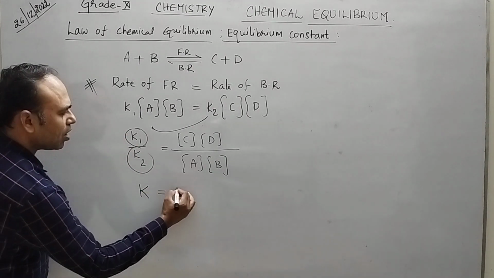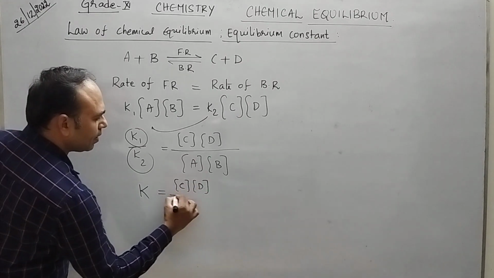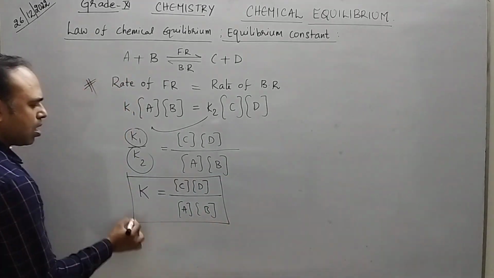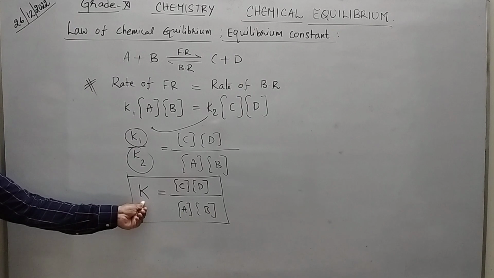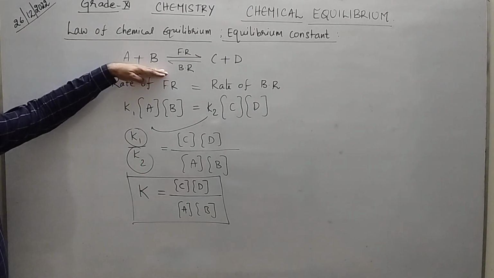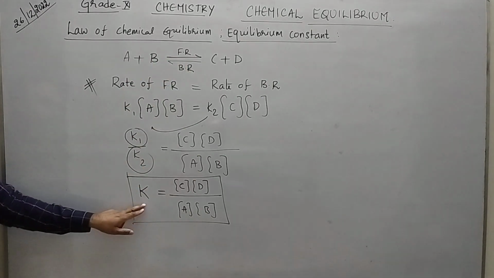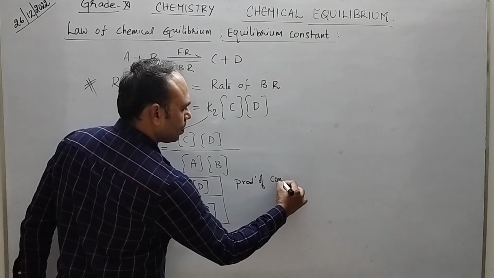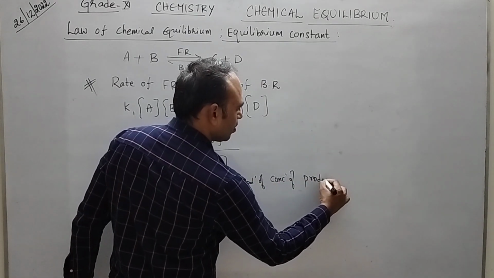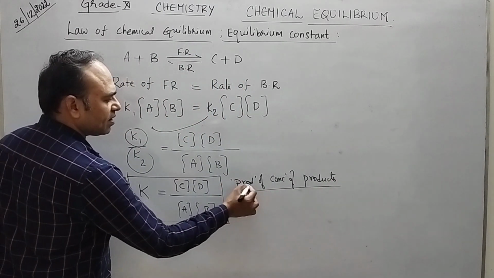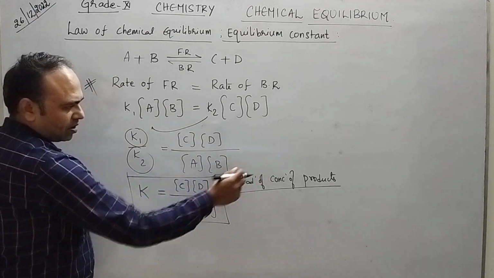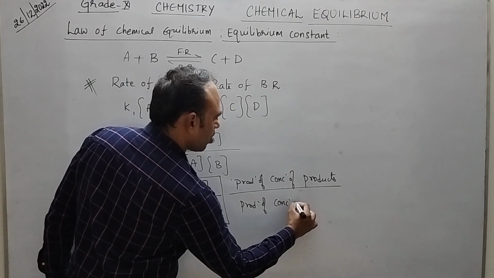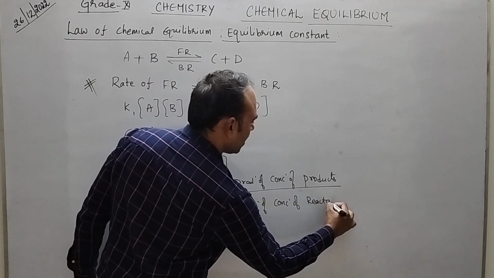Let us take it as K, which is equal to concentration of C into D by A into B. Now this is the equilibrium constant K. So for this reaction, A plus B gives C plus D, a reversible reaction, the equilibrium constant is equal to the product of concentration of products, that is C into D, divided by the product of concentration of reactants.